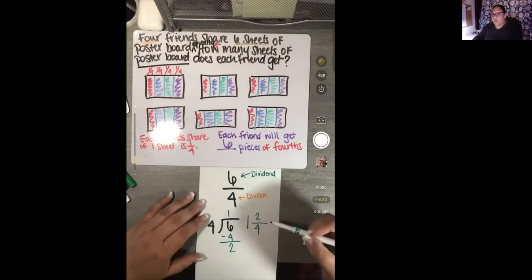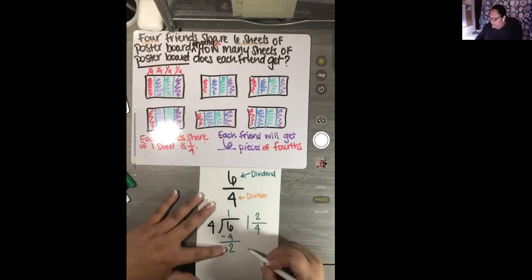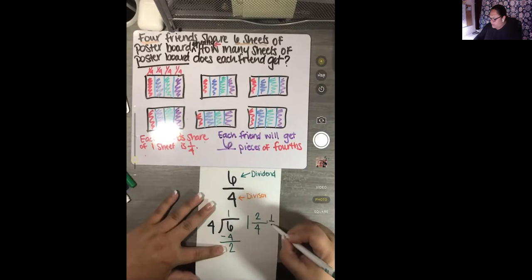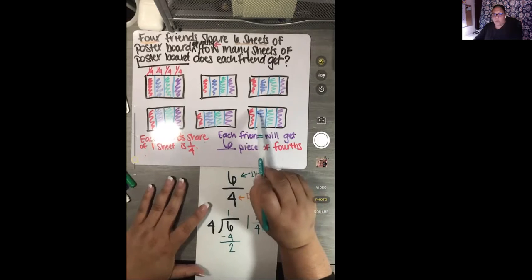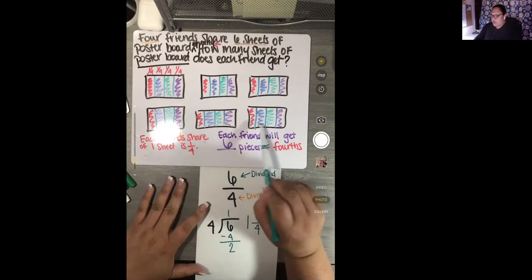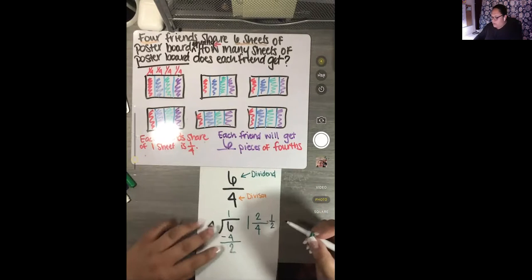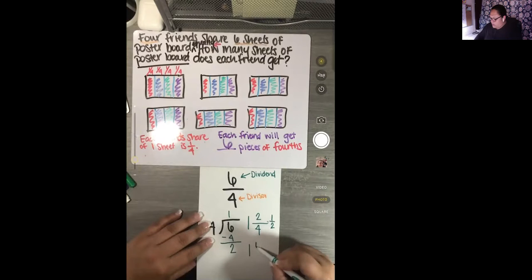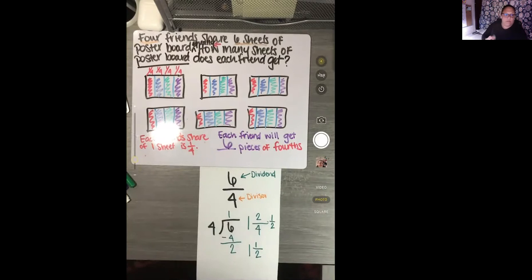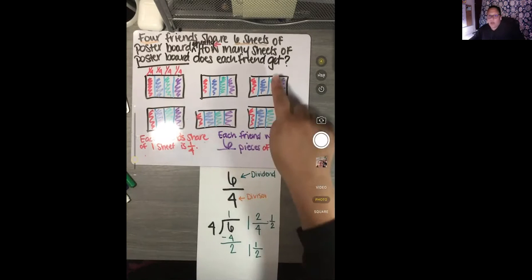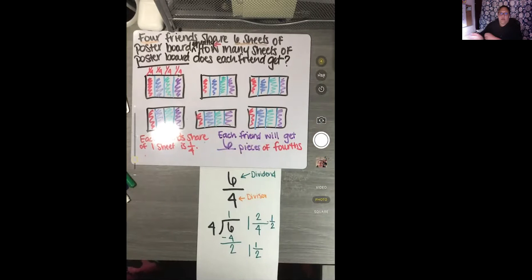Now 2/4 in simplest form is 1/2. And we know that from our model. If I take 2 and shade 2 pieces of 4 pieces, we will have 1/2. So my mixed number is 1 and 1/2. So each student will get 1 whole sheet and 1/2 of a sheet. Each friend, because we have 4 friends.